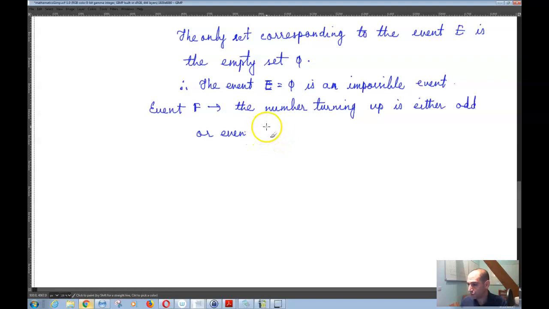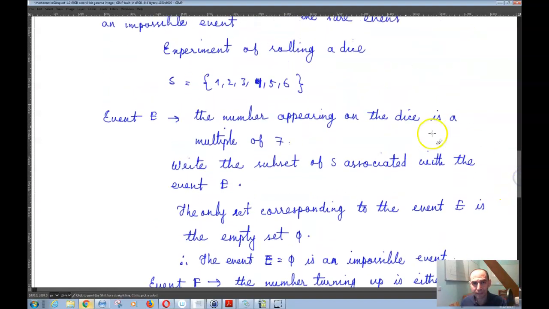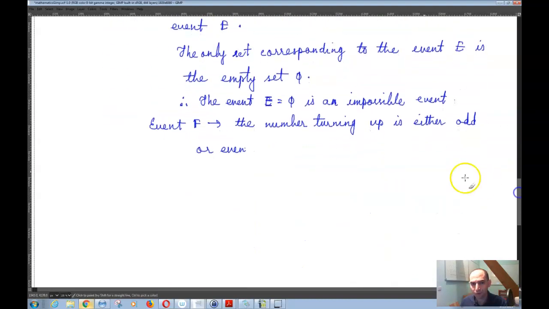And so of course every member of this set S is either odd or even. So then the subset corresponding to the event F would be the whole set S. So F is equal to {1, 2, 3, 4, 5, 6}, which is equal to S.